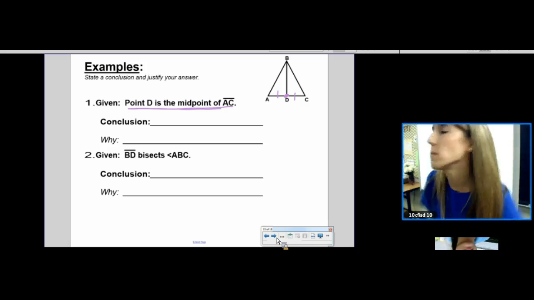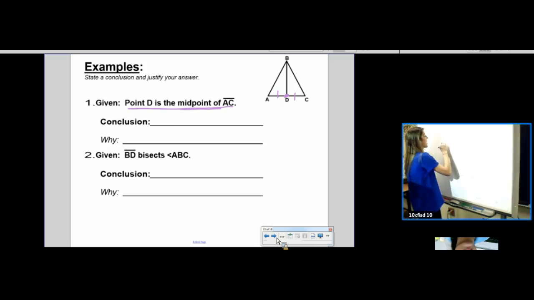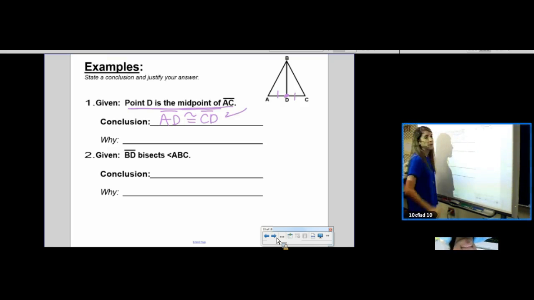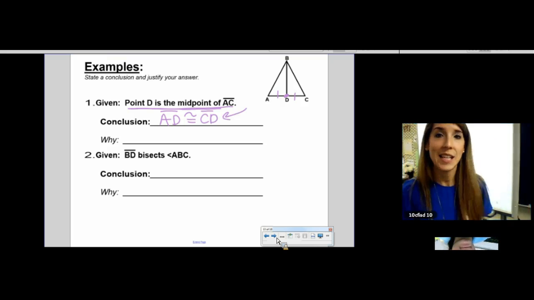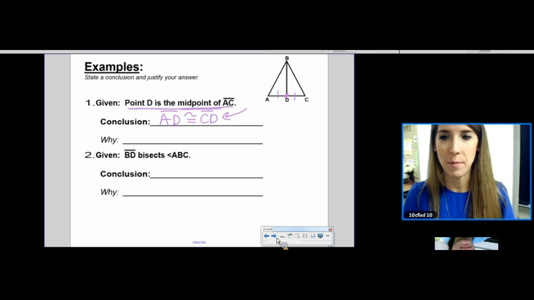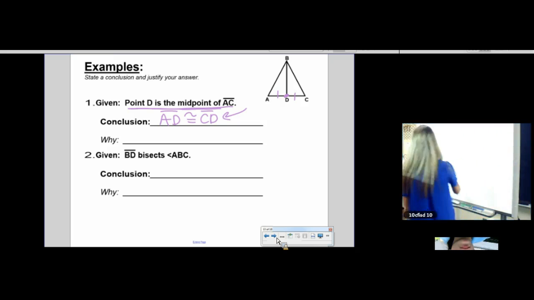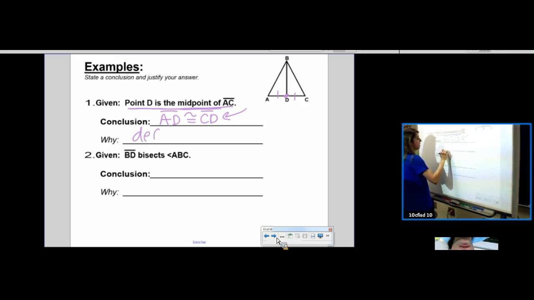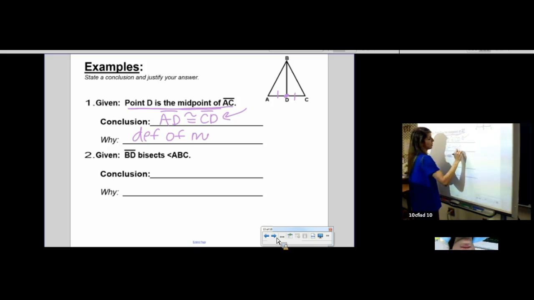What are those tick marks communicating? They're communicating that segment AD is congruent to segment CD. That is the conclusion when your hypothesis is midpoint. And then the why, we took care of that yesterday. We know the why. Definition of midpoint.